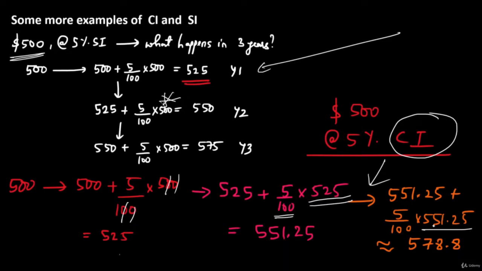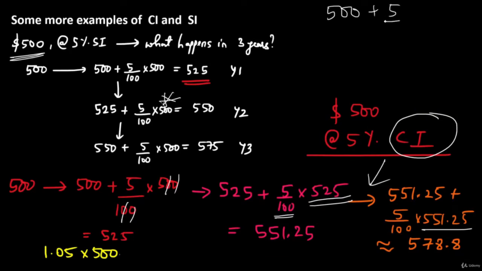All right. So again, one more way in which you could look at this is this over here. This 525 is nothing but 1.05 into 500. How did I get that? Over here I have 500 plus 5 by 100 into 500, right? So let me make some space over here and let's explore how I got this. So I'm writing this expression over here. That's 500 plus 5 by 100 into 500.